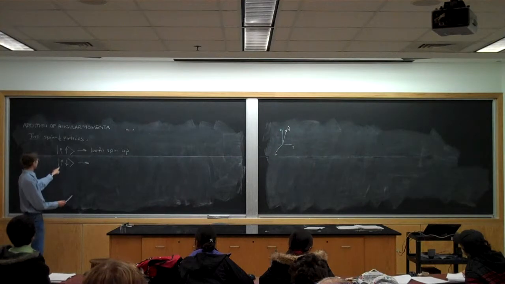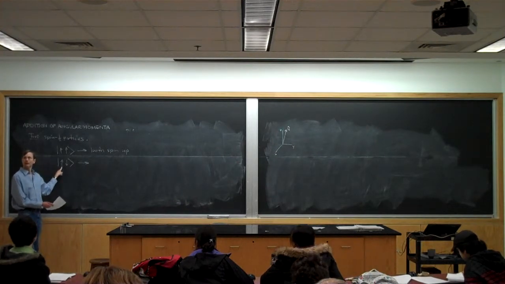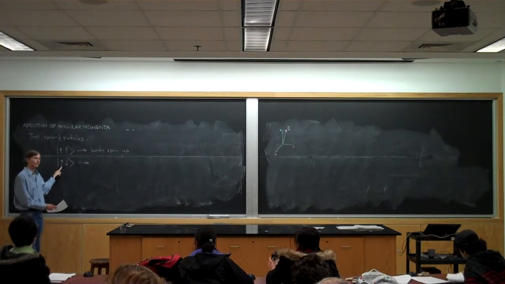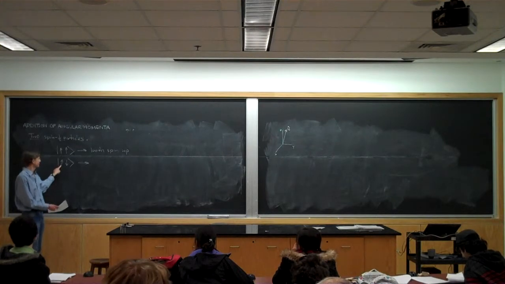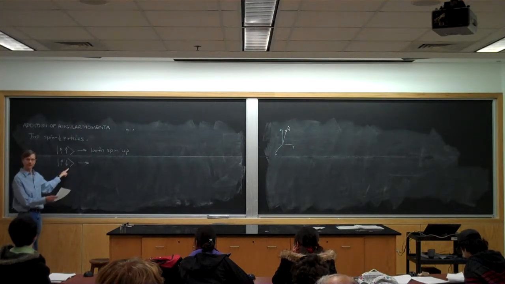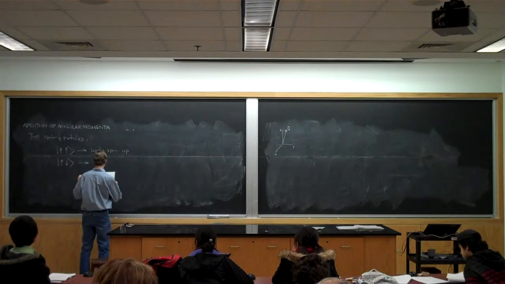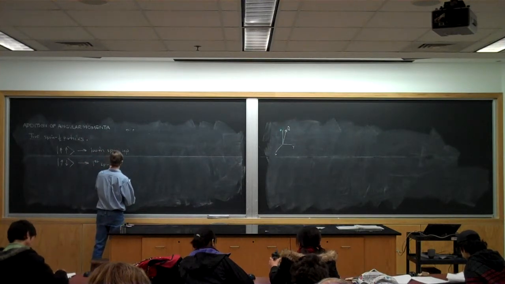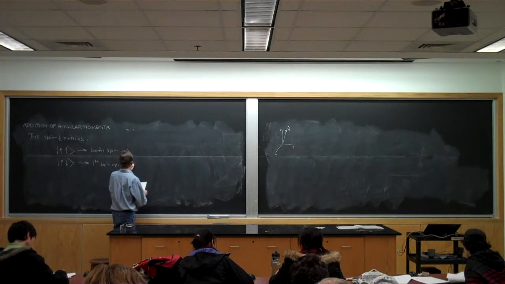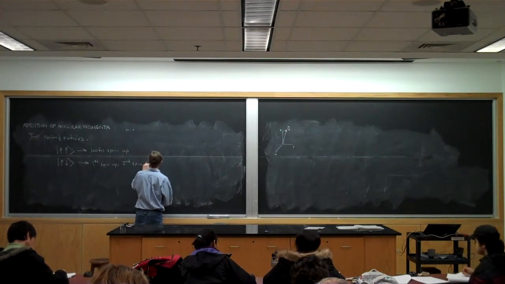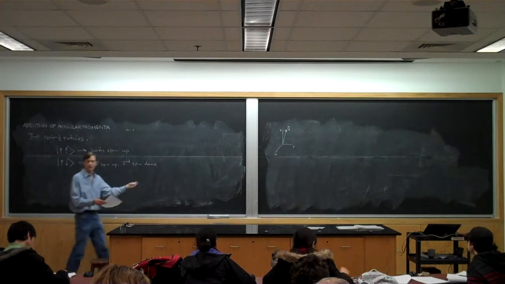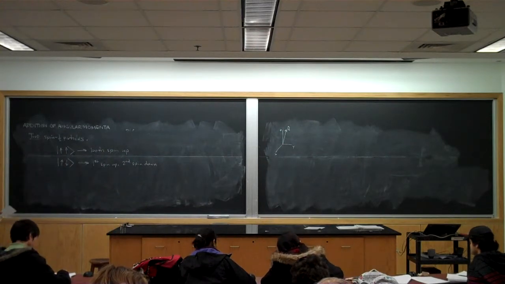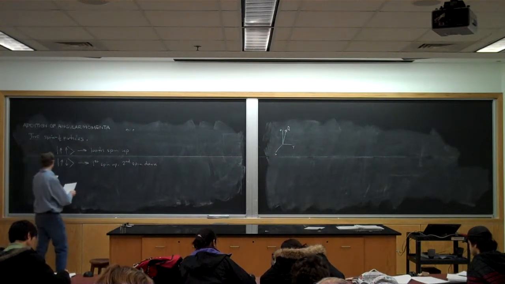But you can imagine a state where, if you can tell the particles apart so that it makes sense to talk about the first particle and the second particle separately, the first particle is spin up, second particle is spin down. So first spin up, second spin down. And again, this is all along the z direction. Along some other direction, it doesn't look like this.